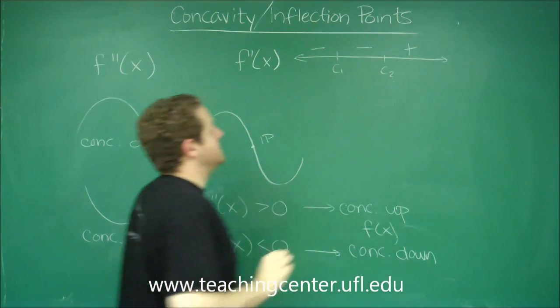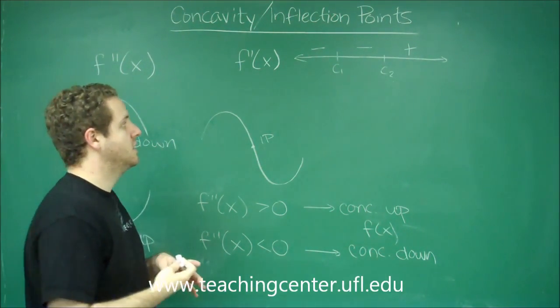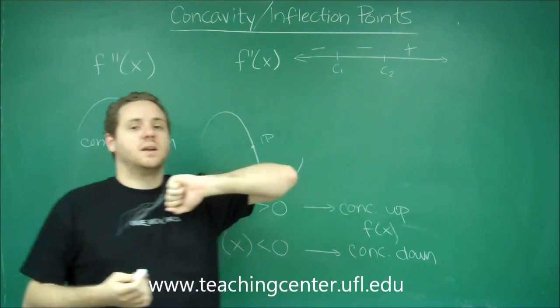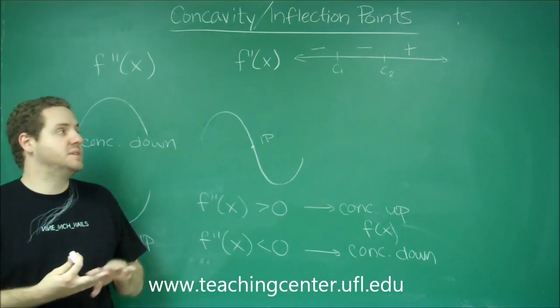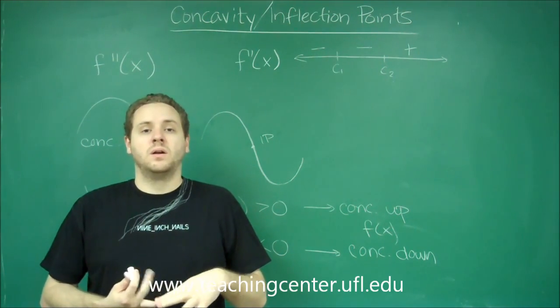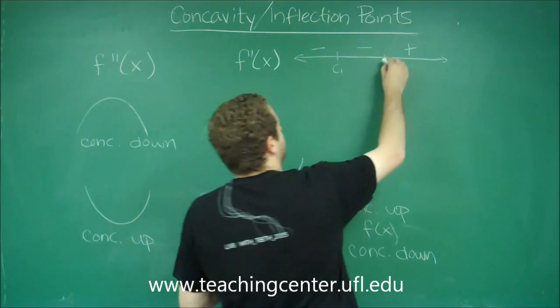So let's say we had this setup when you tried your numbers in this function. From negative infinity to C1, the function is concave down. From C1 to C2, the function is concave down. And from C2 on to infinity, the function is concave up. The question is, where would you have an inflection point?